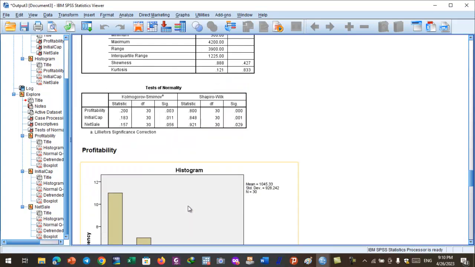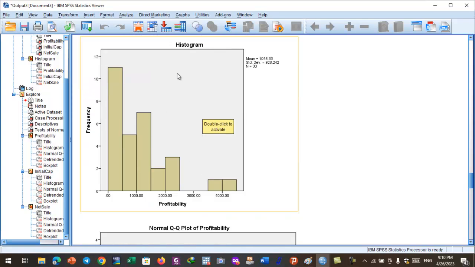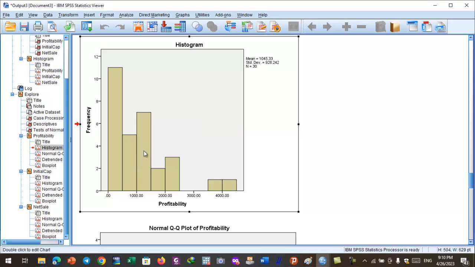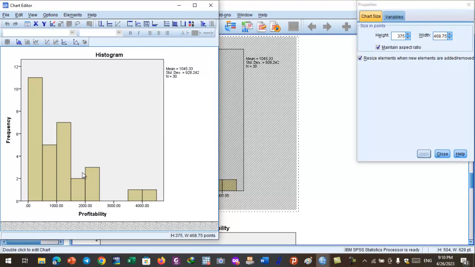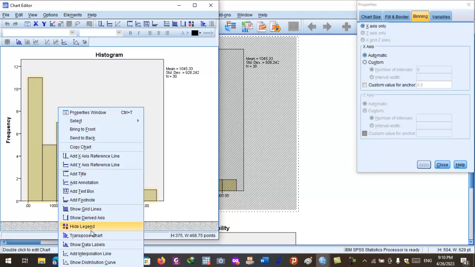Okay, and to support the Kolmogorov-Smirnov test and Shapiro-Wilk test, you can observe here the histogram, and it seems not normally distributed, but it is skewed to the left. You can draw the distribution curve like this.